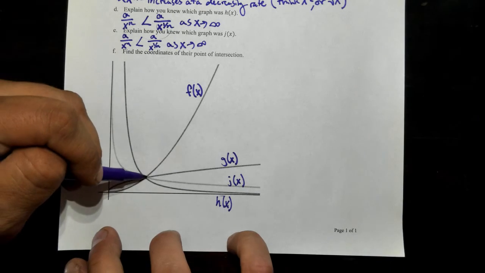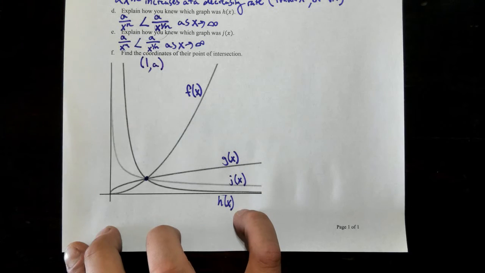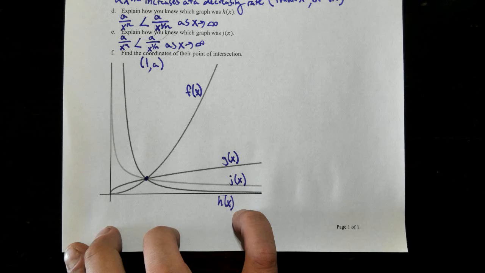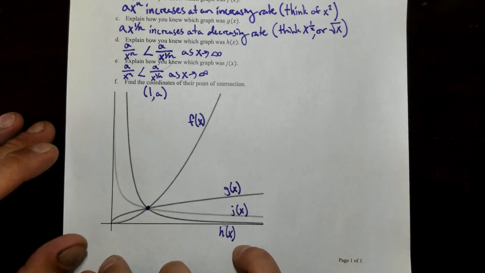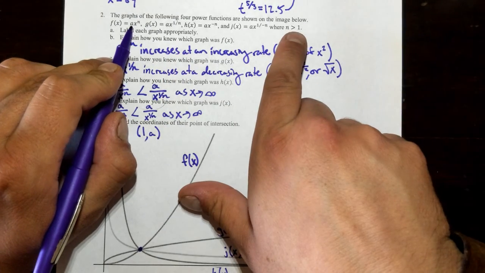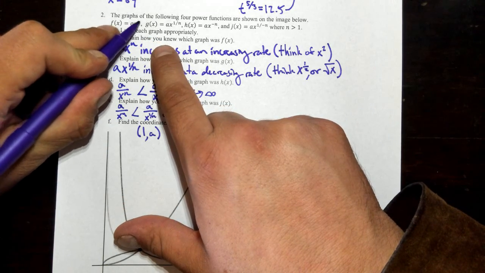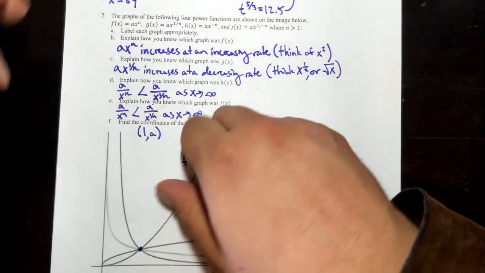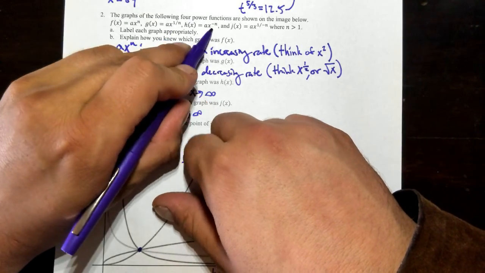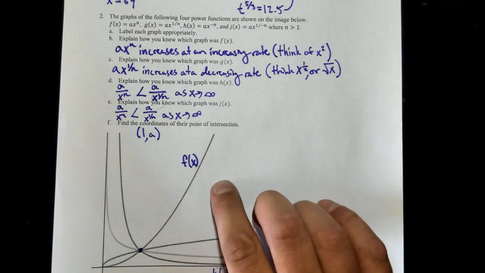Okay. And then find the coordinates of their point of intersection. Well, that would be right here. They all intersect at the same spot, and that's going to be the point (1, a). Now, why would the input be 1? We are given our four functions here, where n is greater than 1, and x is what's being raised to the power. If I plug in 1 for x on all of these, does it matter which number n is?